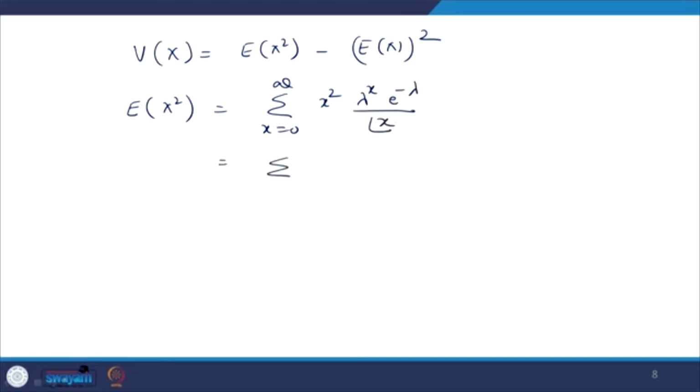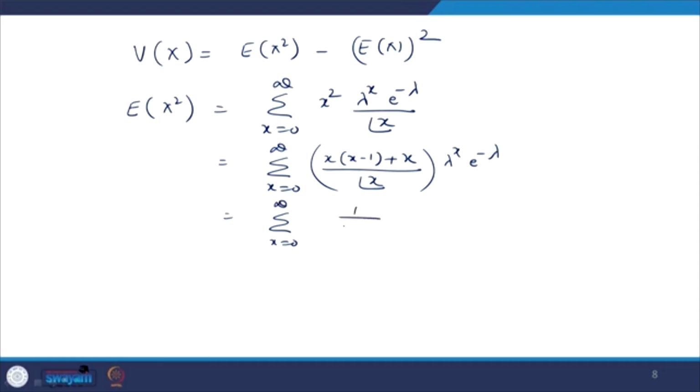Now, this can be written as x into x minus 1 plus x upon factorial x, into lambda raised to power x into e raised to power minus lambda, which is 1 upon factorial x minus 2 plus 1 upon factorial x minus 1, into lambda raised to power x e raised to power minus lambda. Here for the first summation x starts from 2 and for the second summation x starts from 1.